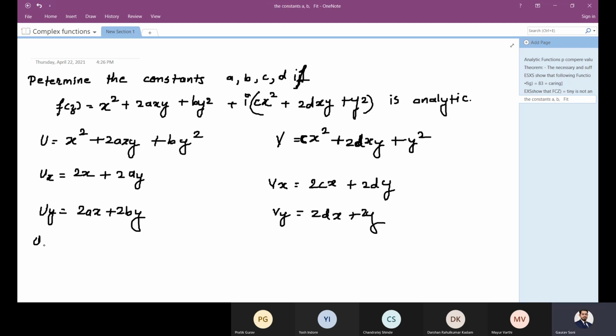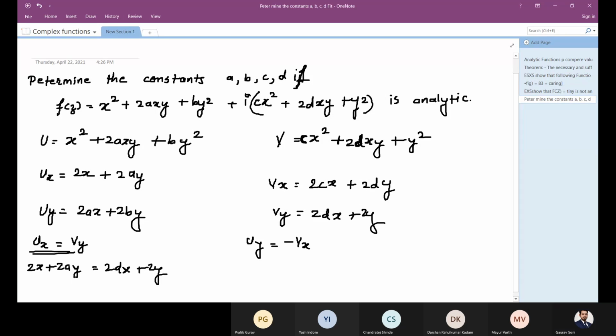So we have ux equal to vy. This is true if the function is analytic, and uy has to be equal to minus of vx. So I will compare the terms. Ux, 2x plus 2ay, has to be equal to 2dx plus 2y. So 2 will get cancelled out.